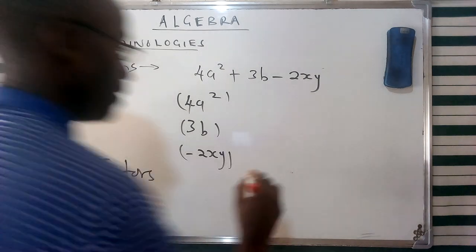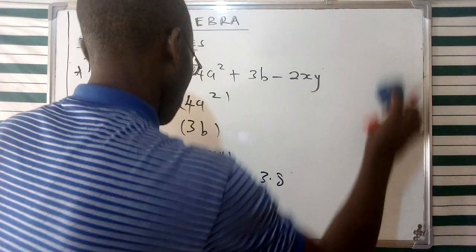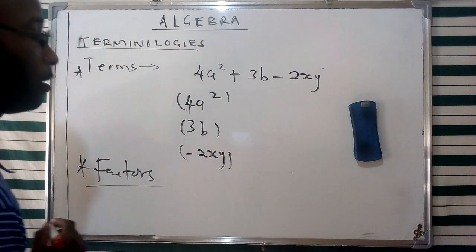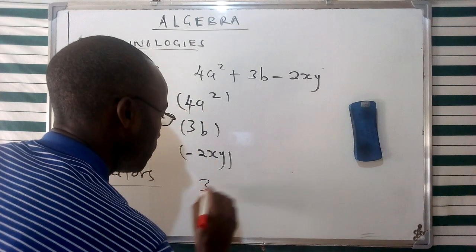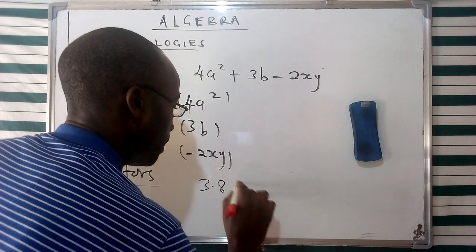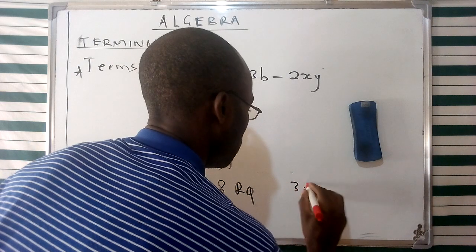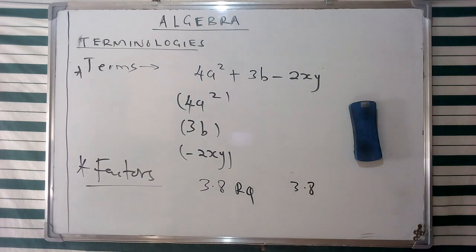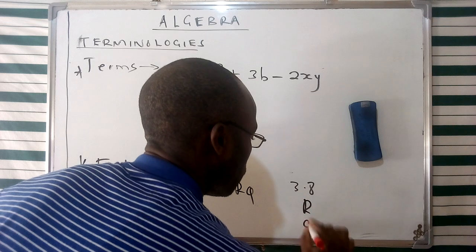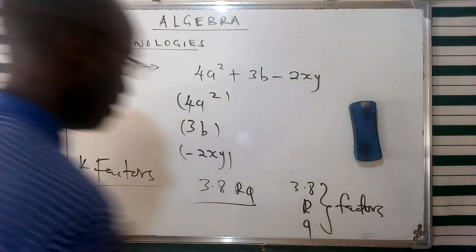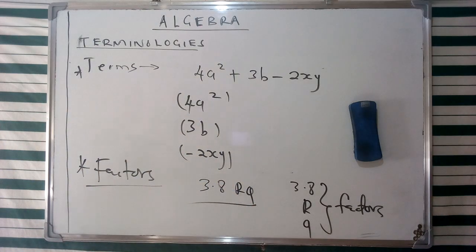For instance, if I have 3.8 RQ, then 3.8 is a factor of this expression. And then I'm going to have R and Q. So the three of them constitute factors of this algebraic expression. So apart from terms, we have factors in an algebraic expression.